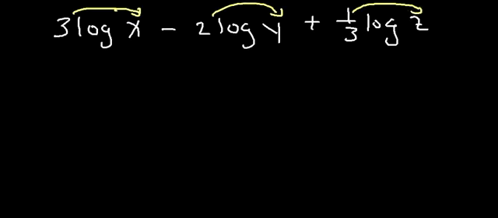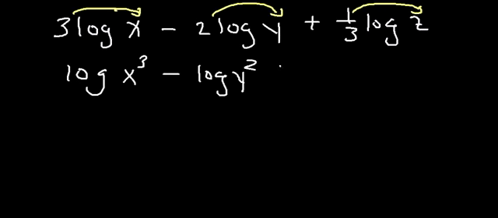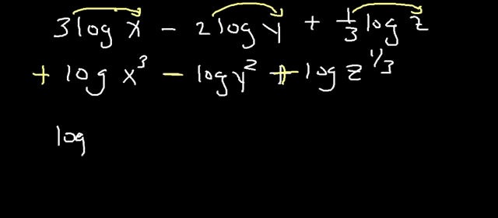Put them on top of each variable. So now we have log x cubed minus log y squared plus log z to the 1/3. And then combine it into a single log. So this has a positive sign, it's going to go on top. This is negative, it goes on the bottom. That's positive, it goes on top. So write just one log, that's it.